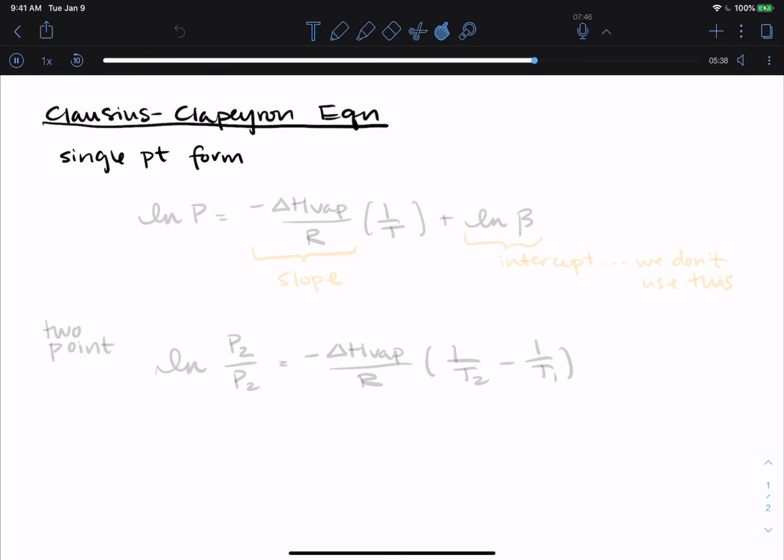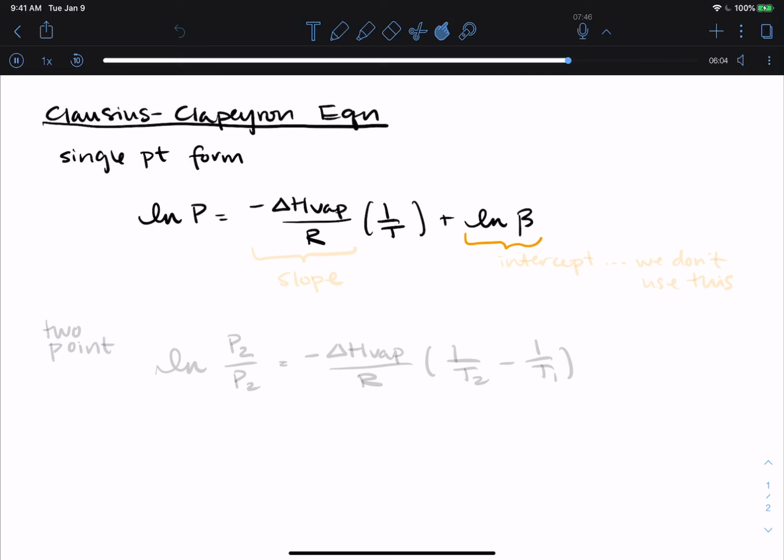So the single point form is that the natural log of the pressure is equal to negative delta H of vaporization over R times 1 over T plus the natural log of beta. And we haven't talked about beta at all.